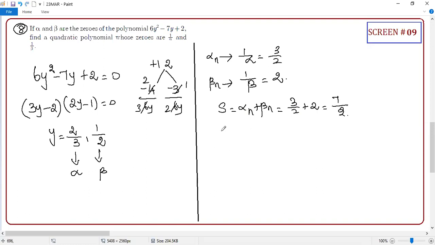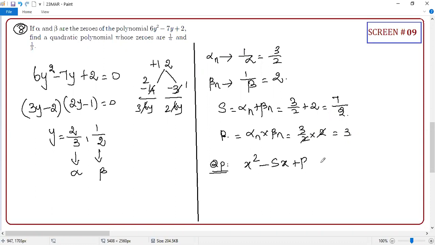The product alpha n into beta n is 3 by 2 into 2, which is 3. Sum and product are ready. So what is my quadratic polynomial? x square minus sx plus p. Don't put equal to 0.